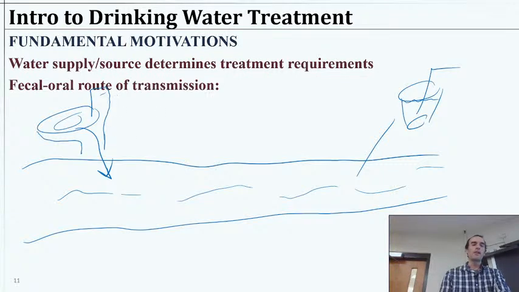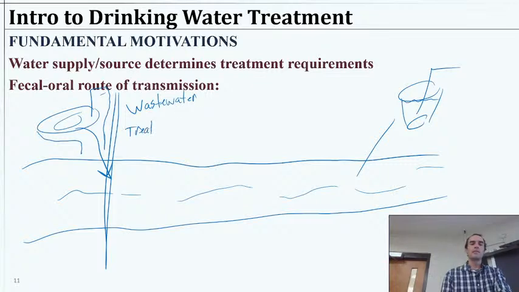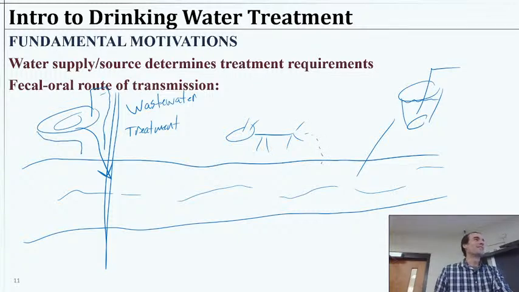So we have a barrier here to say, okay, well, we're going to have wastewater treatment to help prevent that, or make it less likely that pathogens are making their way there. But we don't necessarily have wastewater treatment for all the little animals out in the wild that also happen to be adding to our water supplies, right?